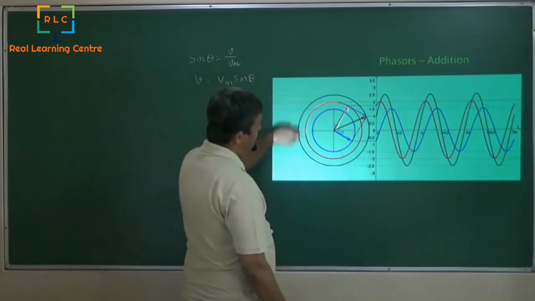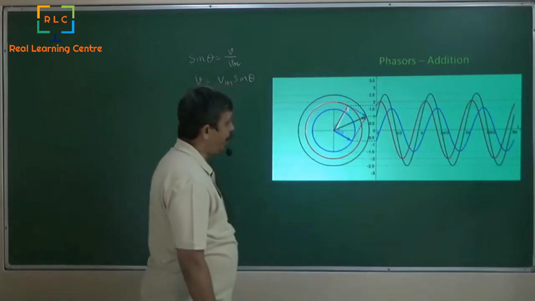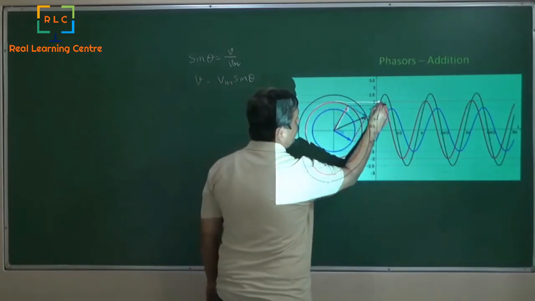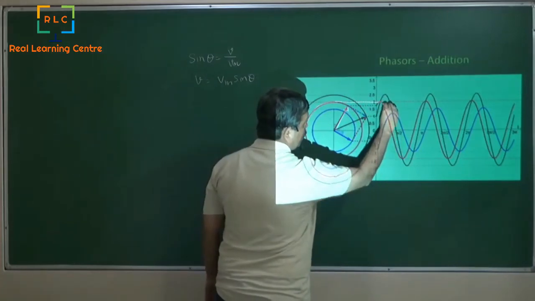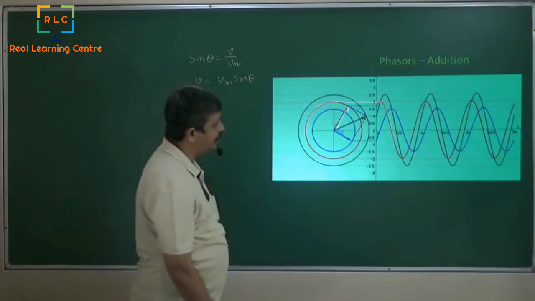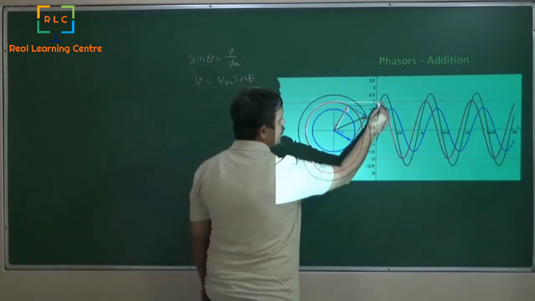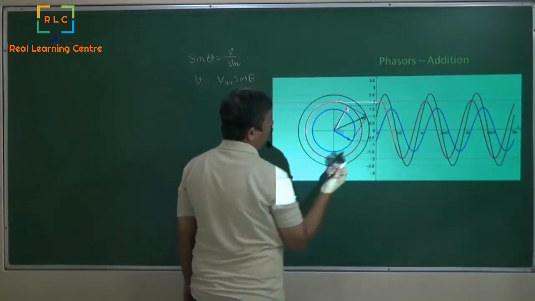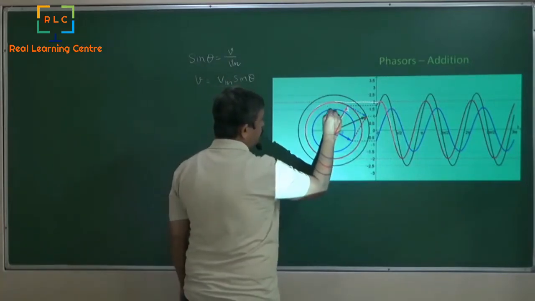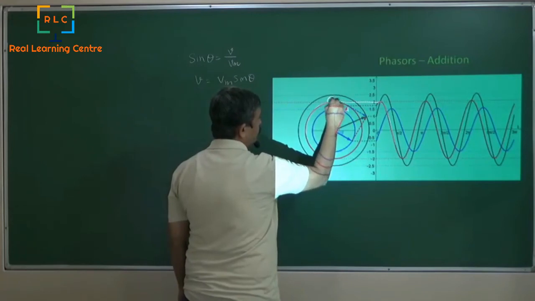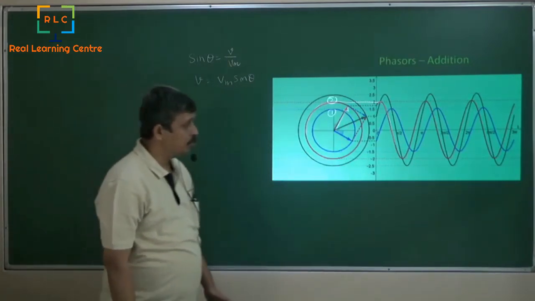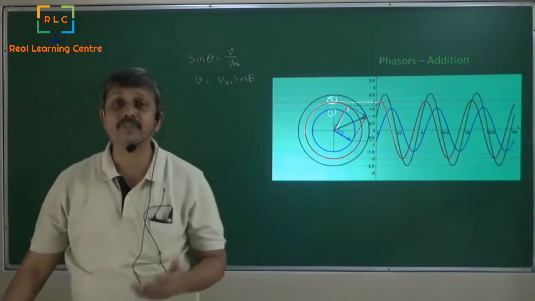The middle circle shows you how this waveform is varying. I will call this waveform number 1 and this one waveform number 2. Waveforms 1 and 2 are not in phase.